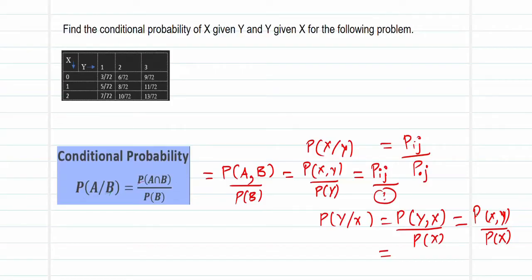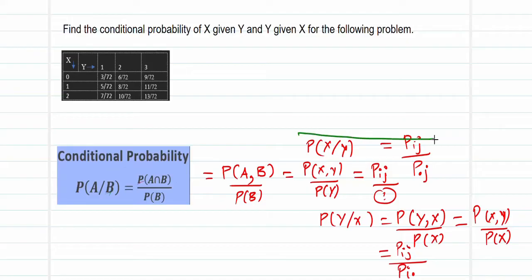You can write the numerator as Pij, divided by Pi dot, where i is fixed and j varies, which generates the marginal probability function of x. We will make use of this formula.